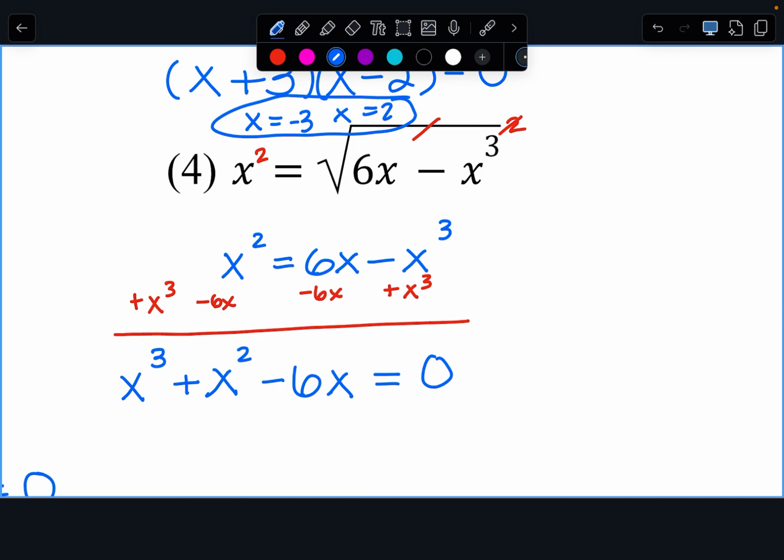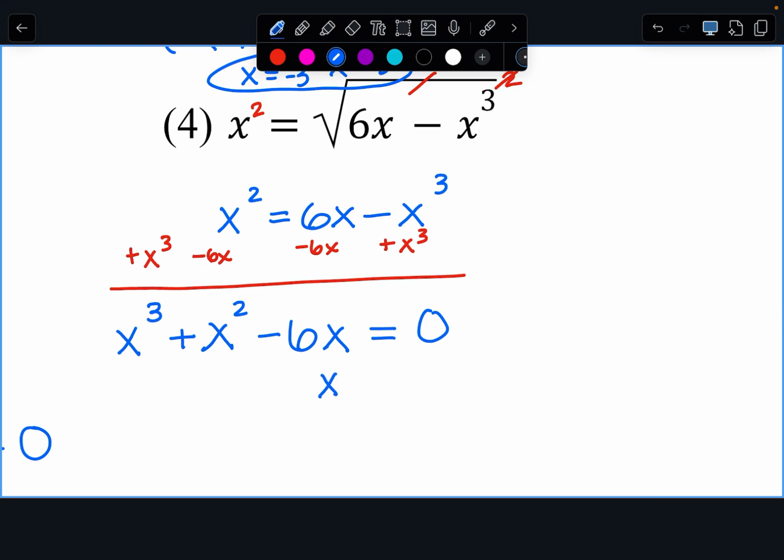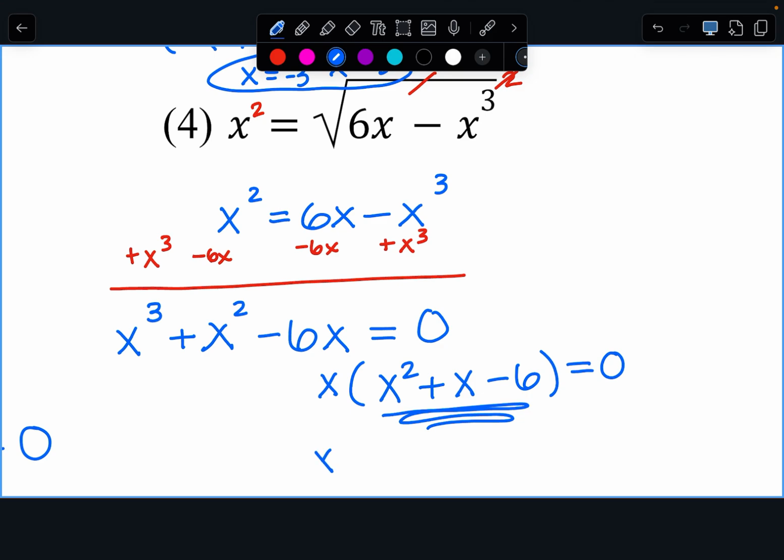What do you notice about these three? They all have x's. X squared plus x minus 6. This stuff inside we can factor. So x, and then x plus 3, x minus 2.